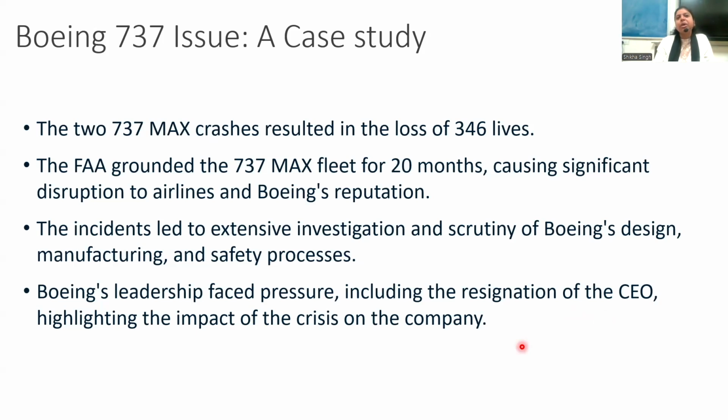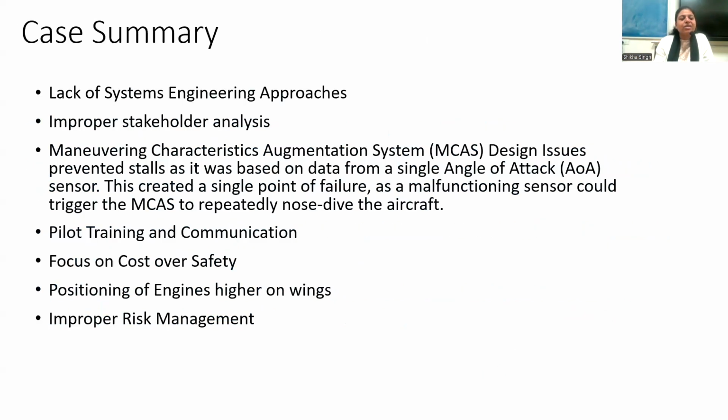Then it became news, and multiple engineers like us studied the case. Considering the time constraint, I'm directly moving to the critical points. So the case summary in this case was a lack of systems engineering approaches.